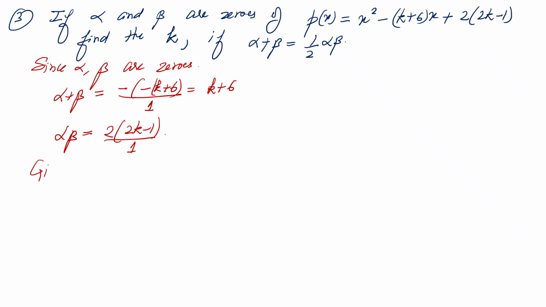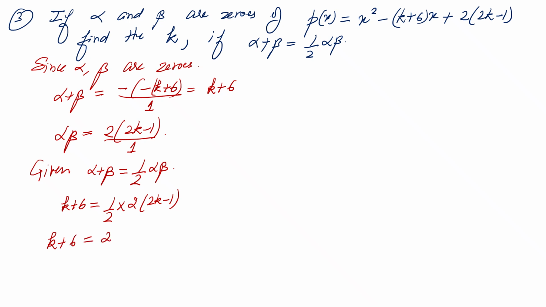नाउ क्या गिवन है हमें? गिवन दैट अल्फा प्लस बीटा इक्वल्स टू हाफ ऑफ अल्फा बीटा। बस सिंपली वैल्यू पुट करनी है। अल्फा प्लस बीटा इज के प्लस सिक्स इक्वल्स टू हाफ ऑफ टू टाइम्स टू के माइनस वन। टू से टू कैंसिल हो जाएगा, ये आ जाएगा हमारे पास के प्लस सिक्स इक्वल्स टू टू के माइनस वन। कलेक्टिंग के ऑन द लेफ्ट, so it would be k minus 2k equals to minus 1 minus 6, minus k equals to minus 7, or you get k as 7.